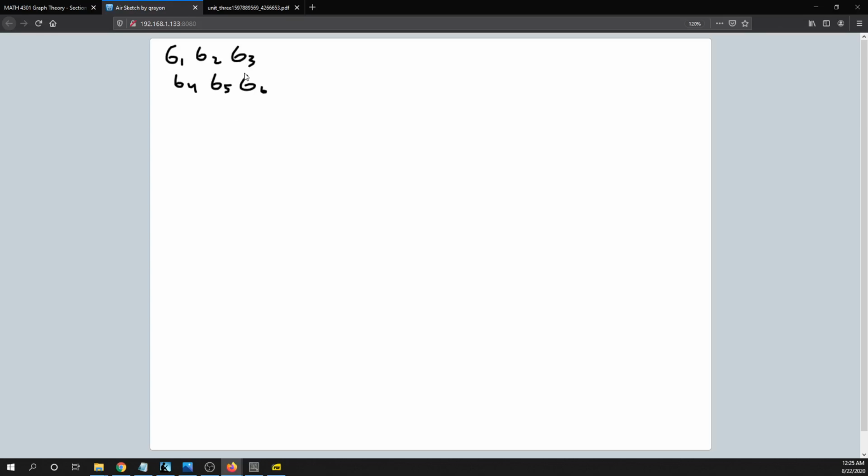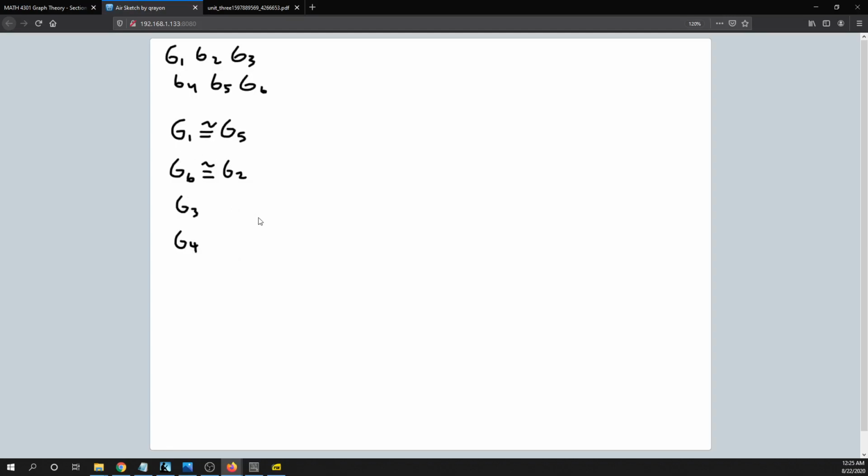find the equivalence classes. So your answer might look like this in the end. Maybe you find that G1 is isomorphic to G5 and G6 is isomorphic to G2, and then G3 and G4 are not isomorphic to any of those things, right?